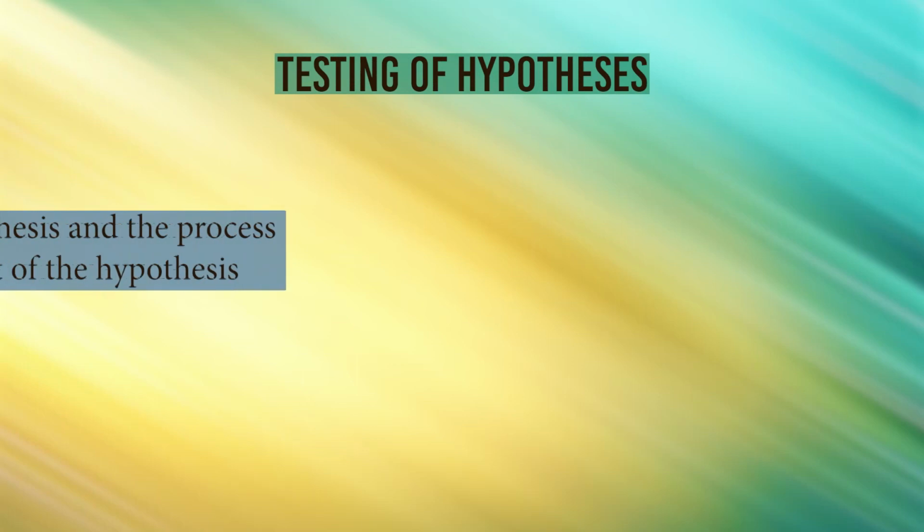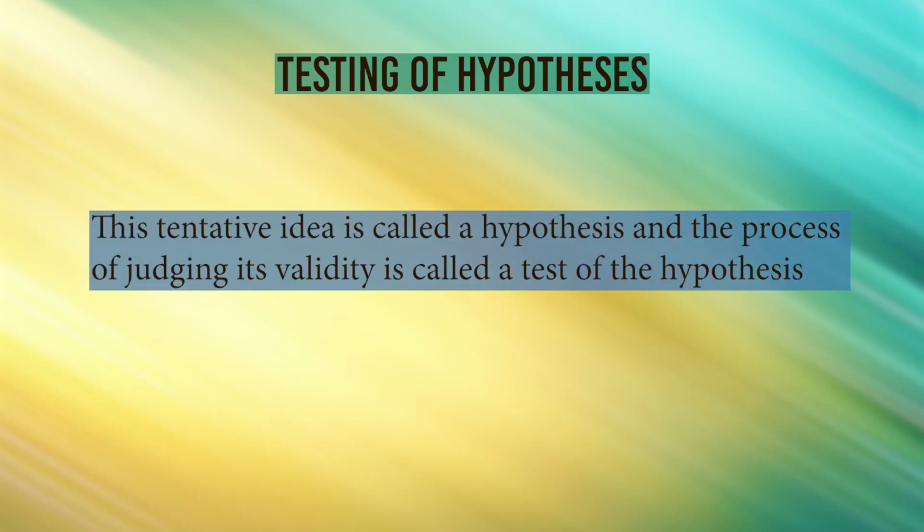We now come to the second type of statistical inference, which is called testing of hypothesis. Here we start with some tentative idea regarding the unknown population. And obviously, as I have said, on the basis of the sample observations, we are going to judge how tenable this idea is. This tentative idea we call a hypothesis, and the process of judging its validity is termed the testing of hypothesis.